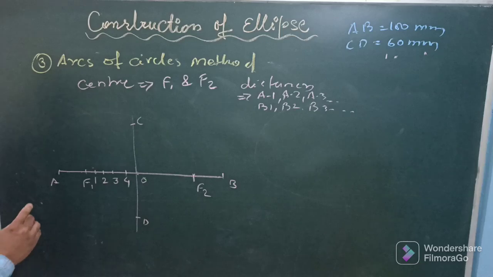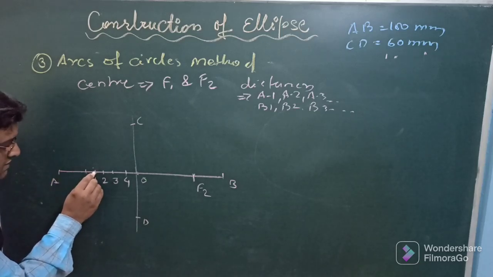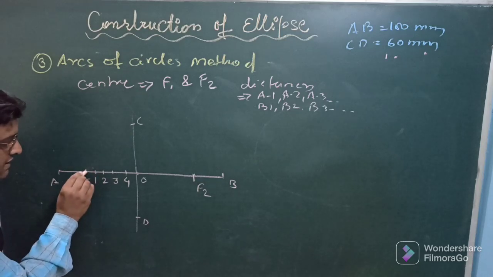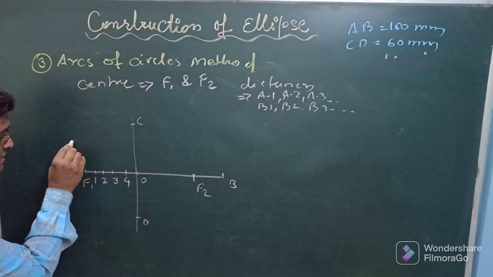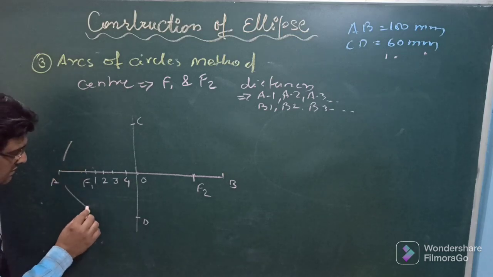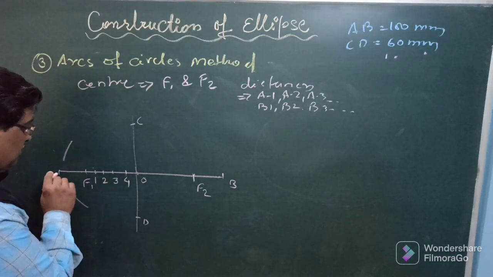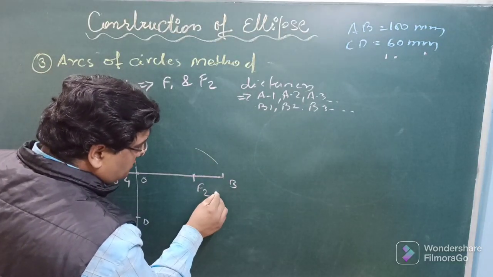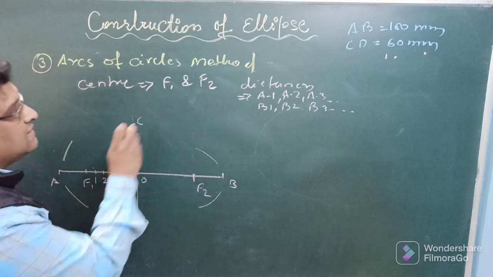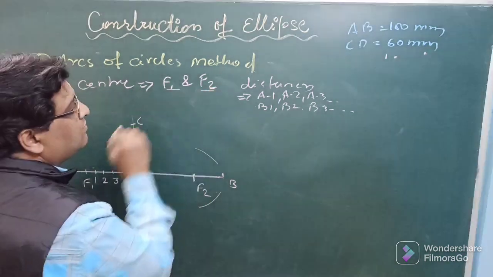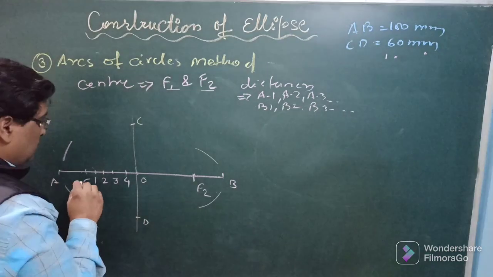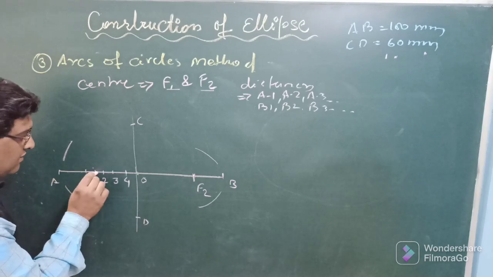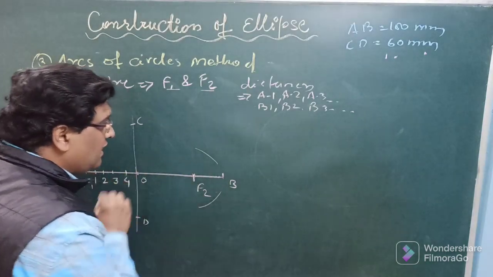So how to draw the curve? Take A1 distance, this one. You have taken this as radius, center will be F1 and draw two arcs both the sides of the axis. Similarly with the same radius A1, draw two arcs here also, taking F2 as center. That is why I have written here F1 and F2 will be the centers. So in totality we have drawn 4 arcs using the radius A1, centers will be F1 and F2.